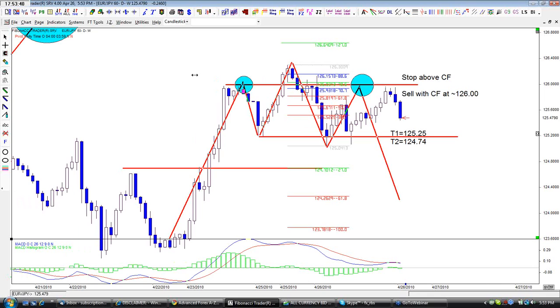This is the Euro Yen 1 hour chart. We had a bearish head and shoulders at 126.